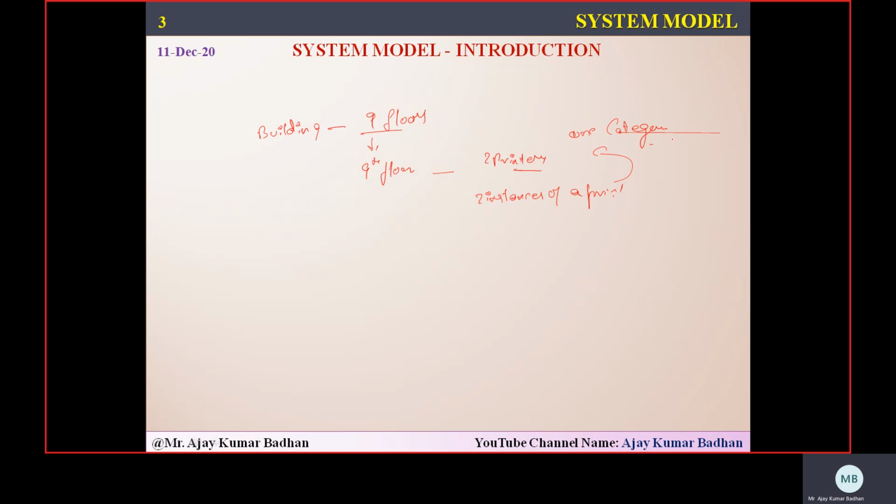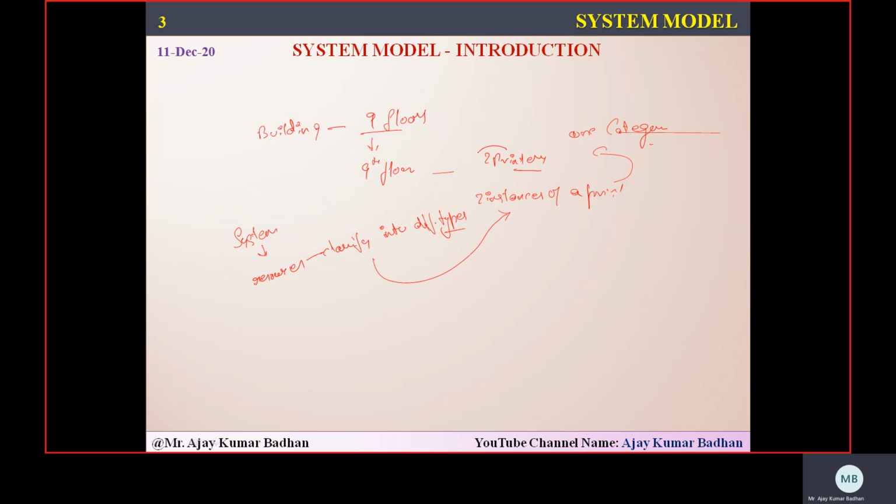What exactly we are doing is, we know that in our system we have resources. Now these resources we are going to classify into different types, and every resource is classified based upon these particular instances.